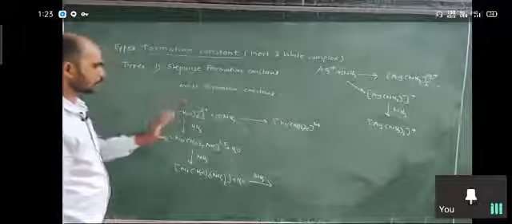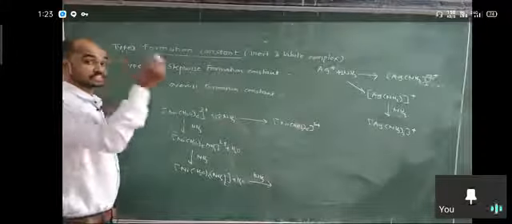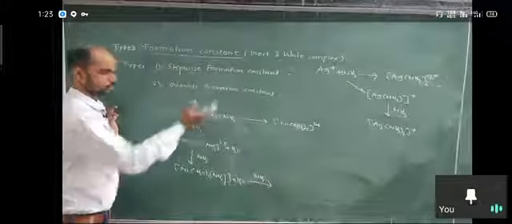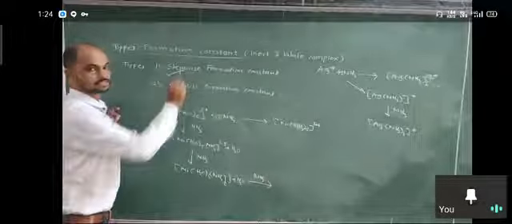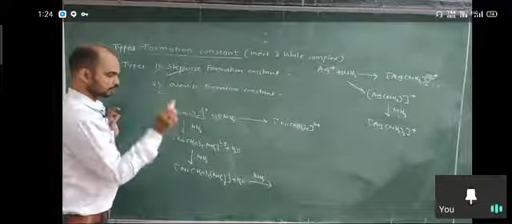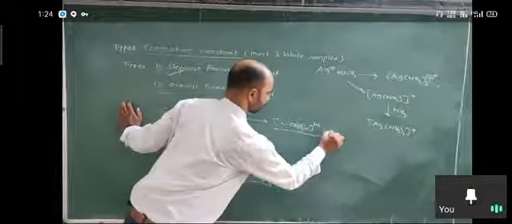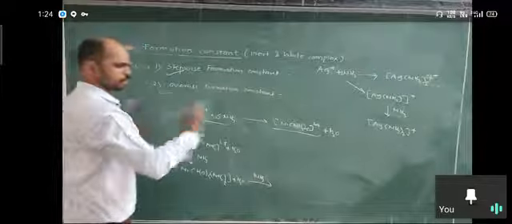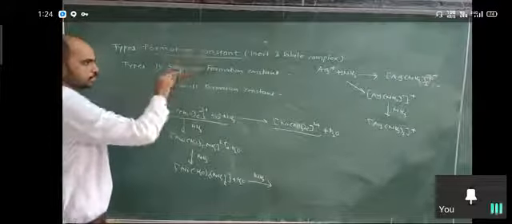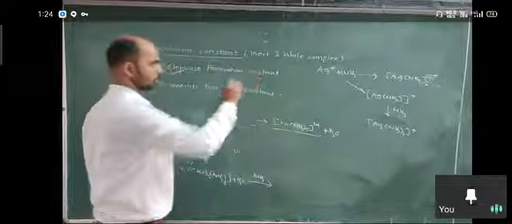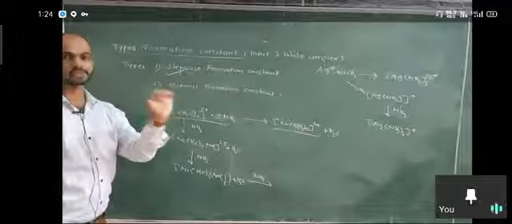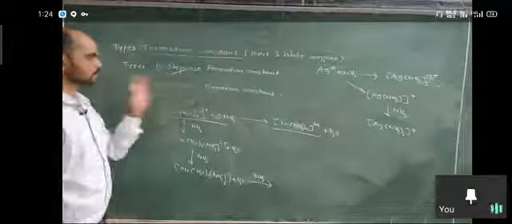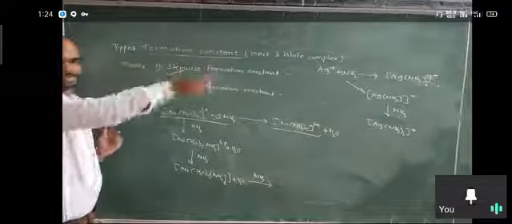So we can write the formation constant for each individual step. So step 1, step 2, step 3, step 4, step 5, step 6. So this is stepwise. And second, overall means this step and this step. This is the overall formation. Means the sum of all the stepwise formation, and their average is the average formation constant, and overall means we think about the first and last step.